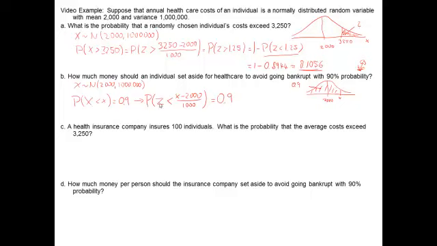Now, since z is normal 0, 1, we can find what this number is in tables. We draw ourselves a little picture for z, where z bounces around 0, and here is a 0.9 area. We can find in tables what is the number that corresponds to 0.9 area, and that number happens to be 1.28.